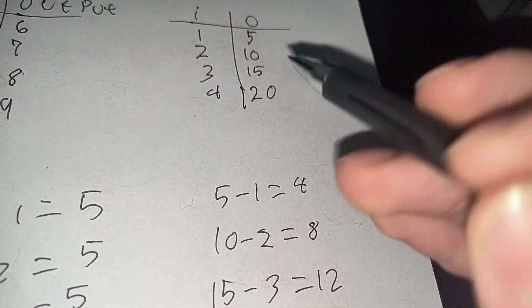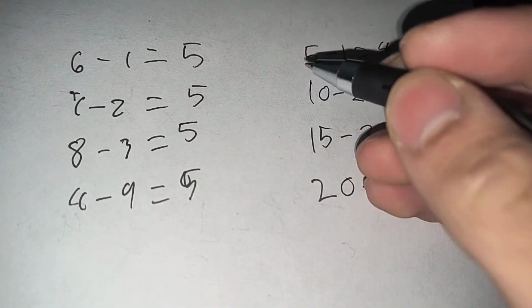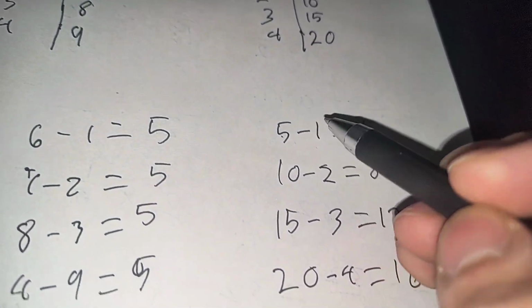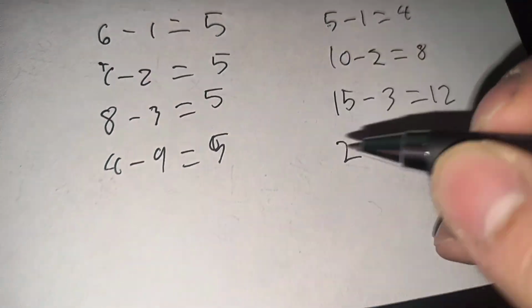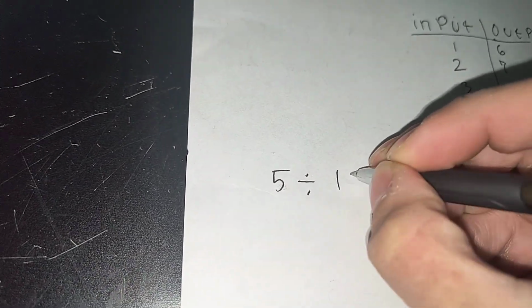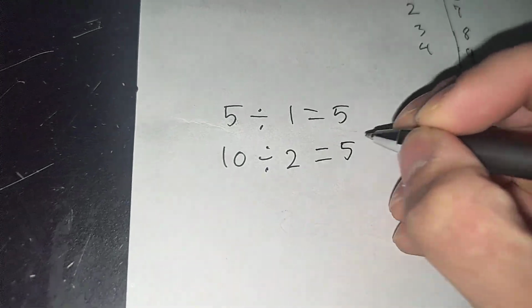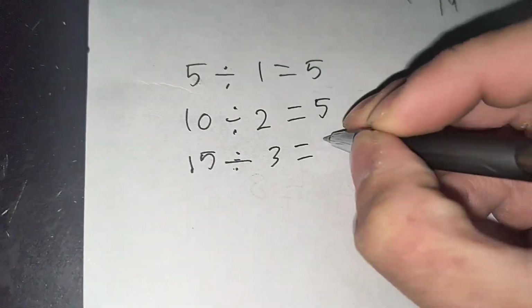And instead of using the difference between them to check, we can divide. We'll divide the output by the input. So 5 divided by 1 is equal to 5. 10 divided by 2 is equal to 5. 15 divided by 3 is equal to 5.